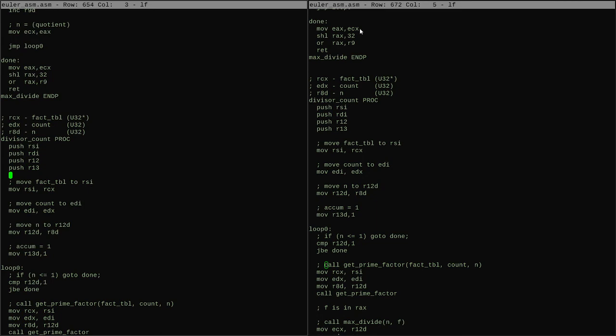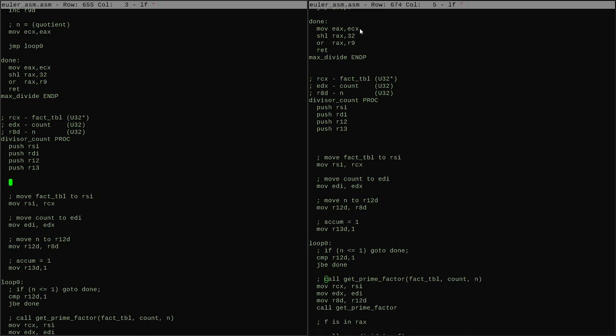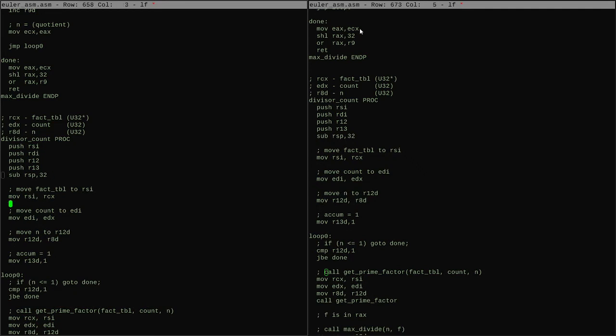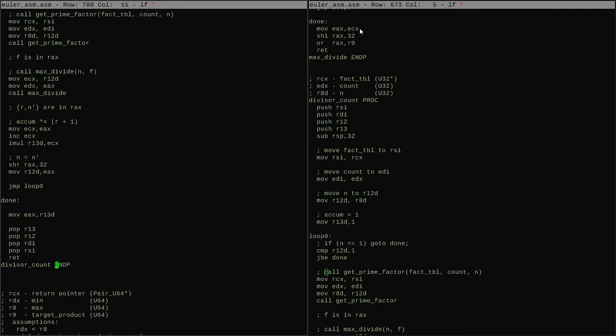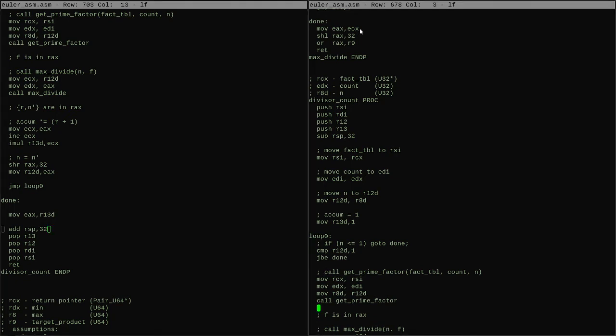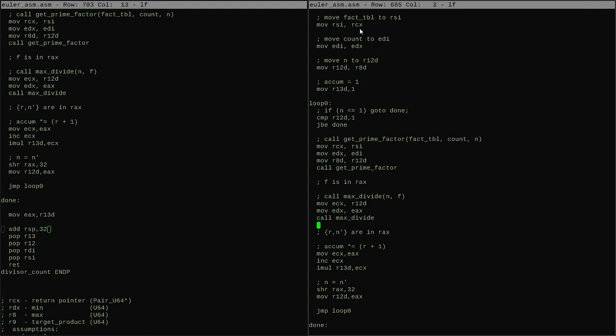So this one, we aren't using RSP, so all we have to do is throw in the subtract and the add. And that should be it.